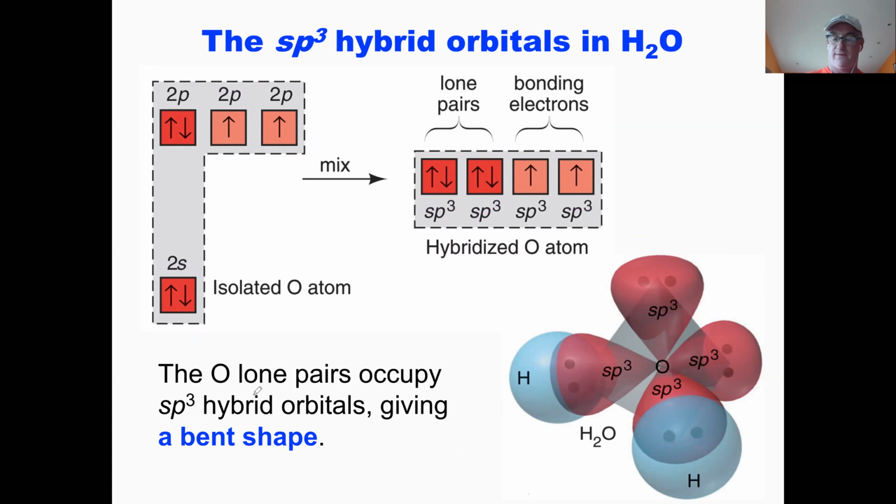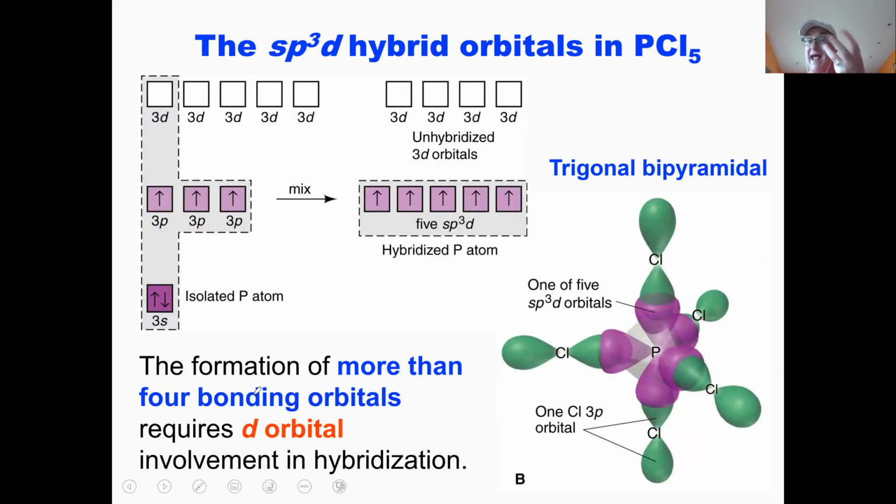So let's do 5. Now, phosphorus has 5 electrons. And in this phosphorus pentachloride, it's going to make 5 bonds.